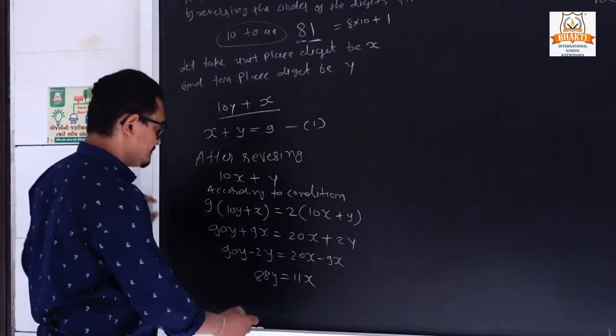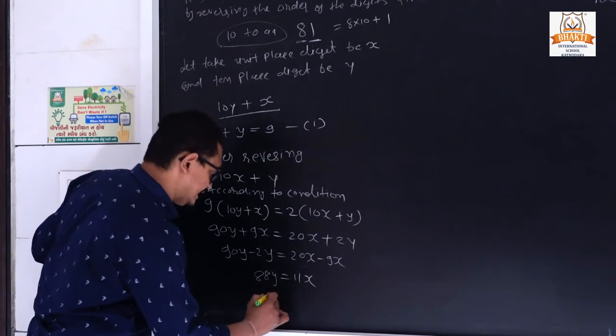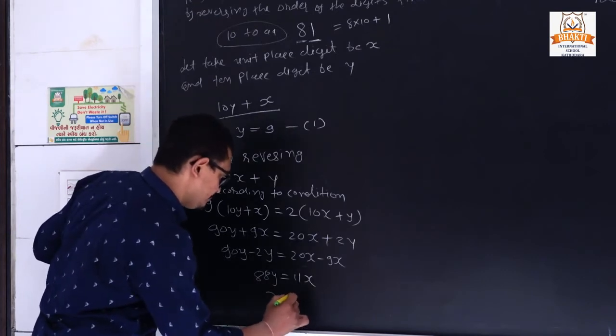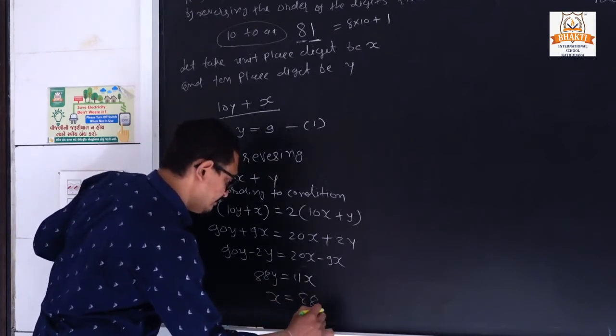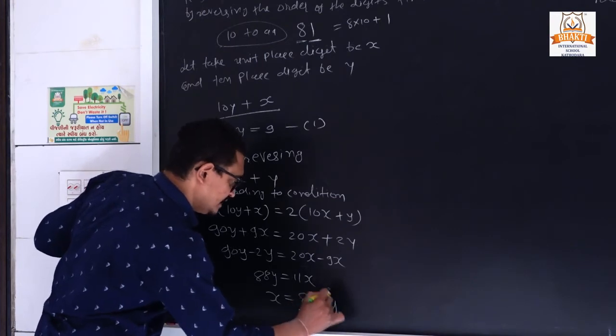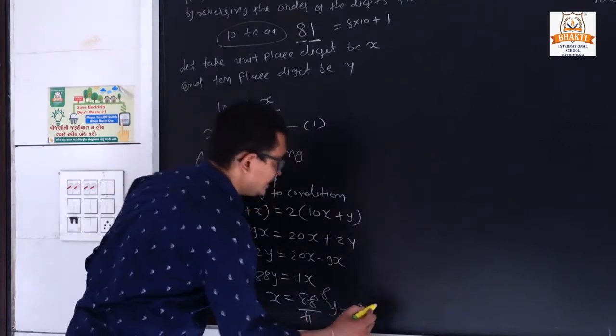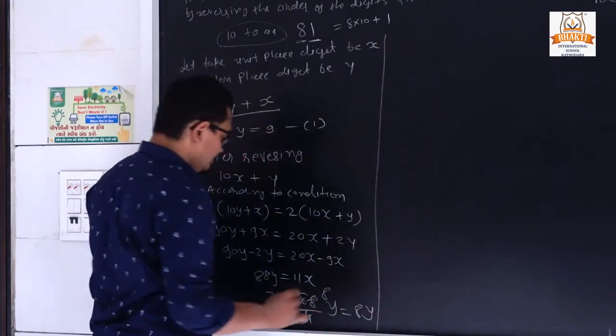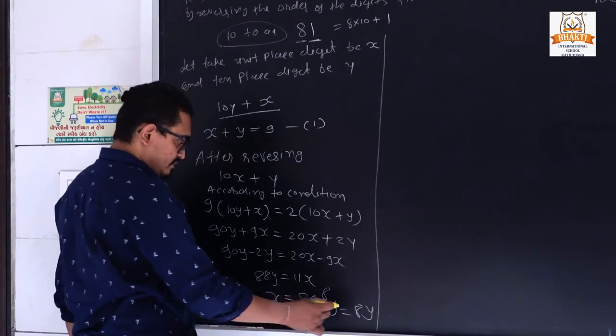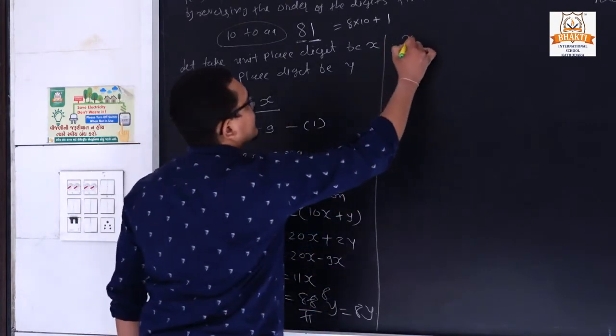Now this 11 goes to the other side. So x is equal to 88 upon 11 into y. So it is 8y. Clear? We can declare it as result number 2. x is equal to 8y.